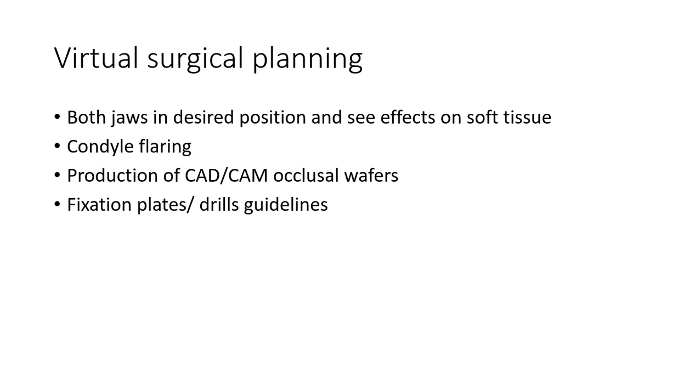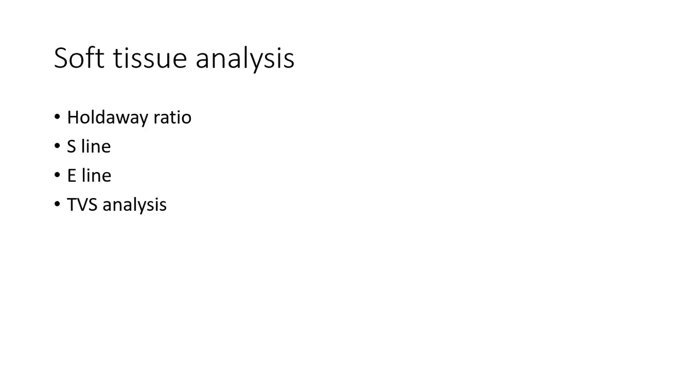We can assess how we can obtain the desired effects, and after this, keeping in view the patient's considerations, an orthodontic prescription is made, and the treatment plan is registered into the CAD/CAM occlusal wafers, and it also helps in positioning of the fixation plates, and drill guides are obtained from the visual surgical planning.